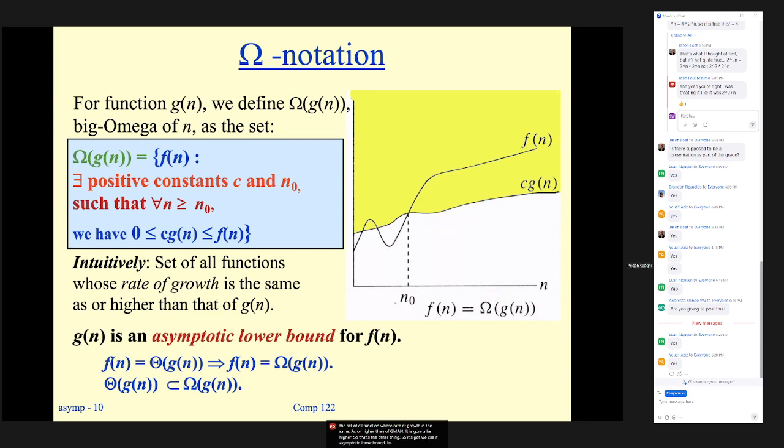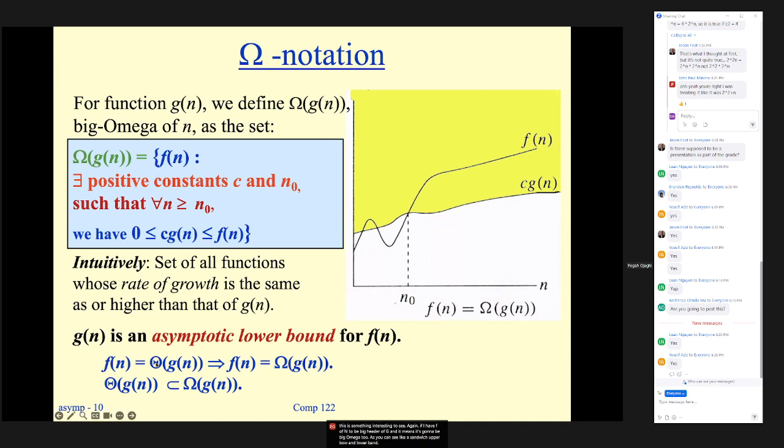We call it the asymptotic lower bound. Big O is the upper bound and big omega is the lower bound. But this is something interesting to see. If f of n is big theta of g of n, it means it's big omega and big O of g of n too, like a sandwich: upper bound and lower bound.